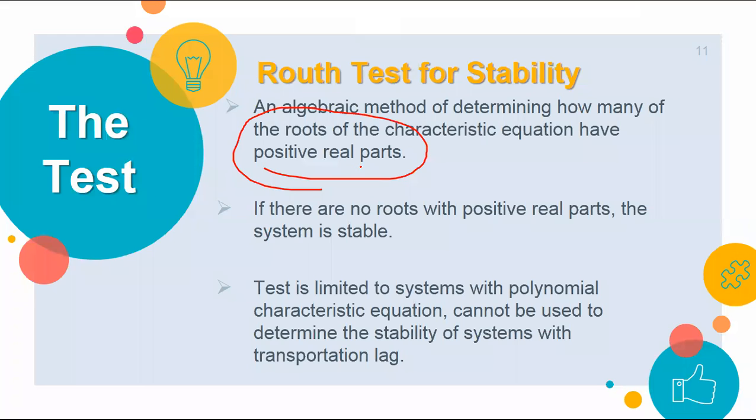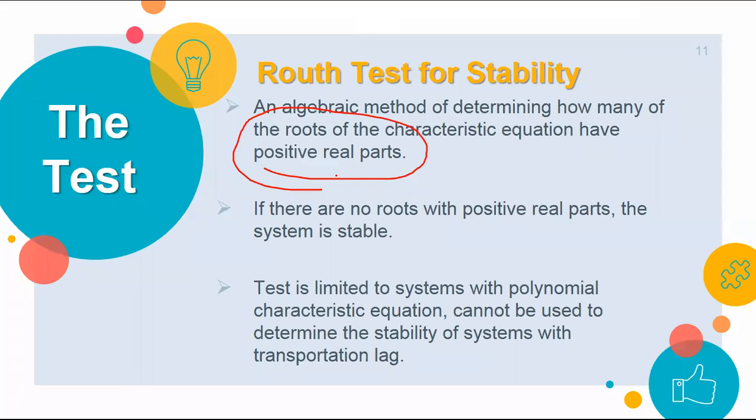Meaning, even though you have already yielded complex roots, let's say 2 plus i, that 2 is positive. It's a positive real part for that particular complex root. When that is the case, your system is already unstable, because the roots have to have negative real parts.